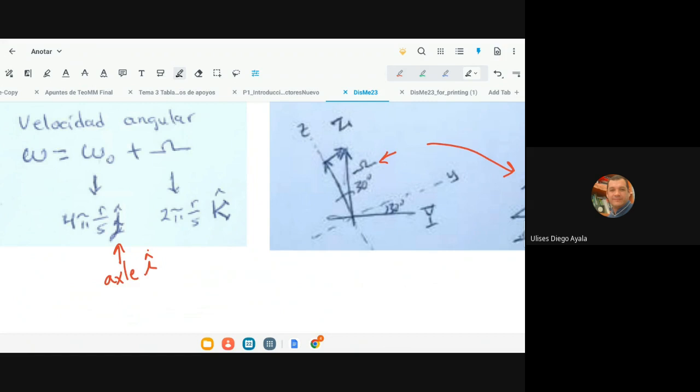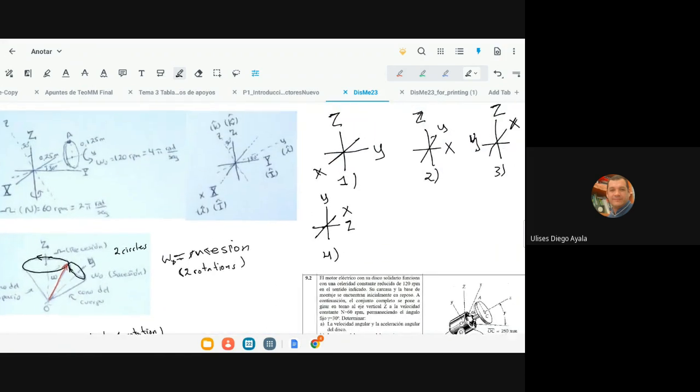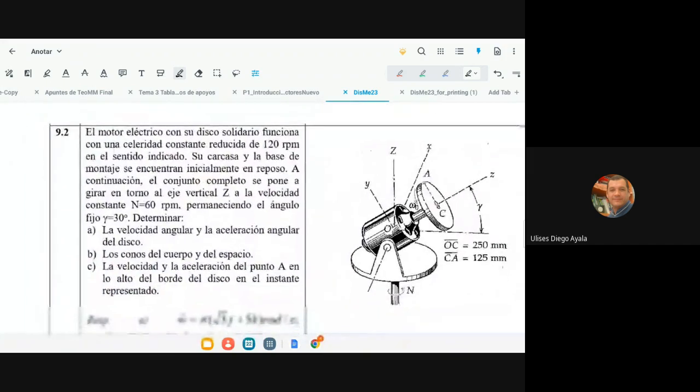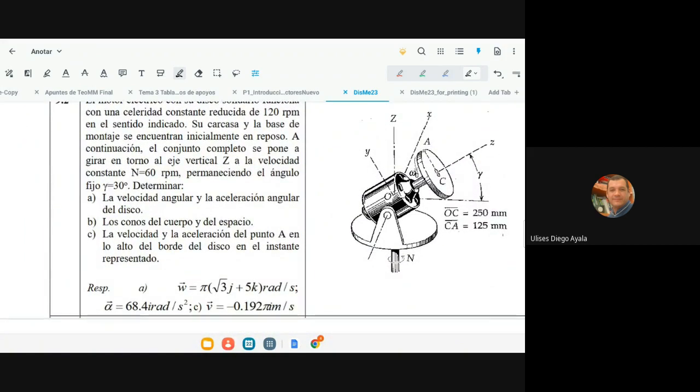It means if you go to the drawing, the omega corresponds to K mayúscula, and the omega sub 0 corresponds to K lower letter.